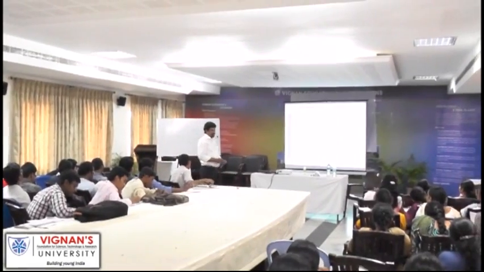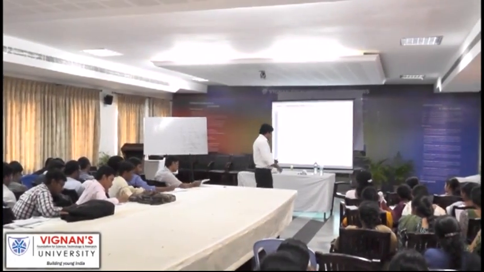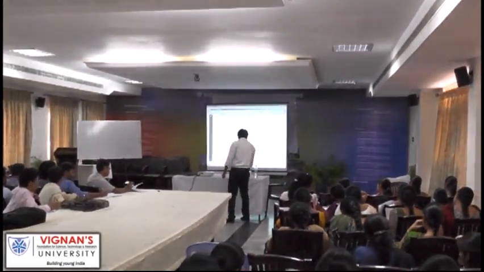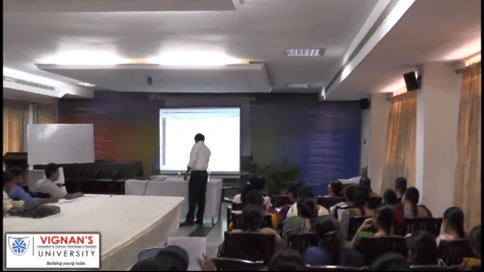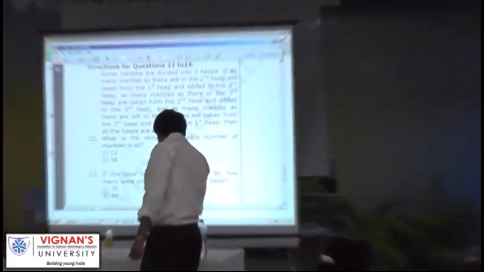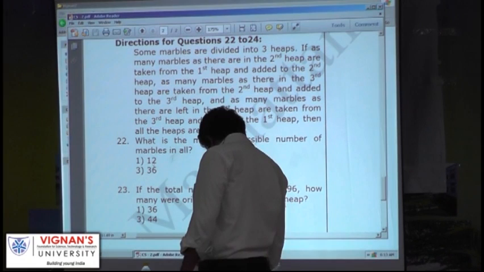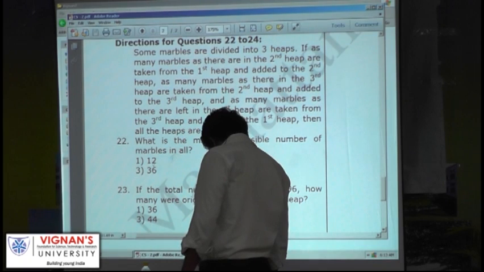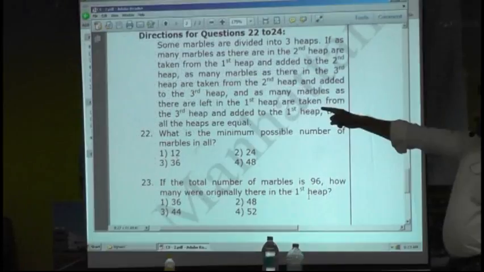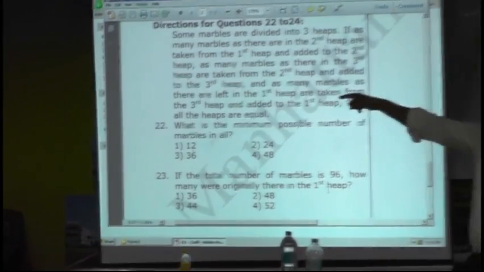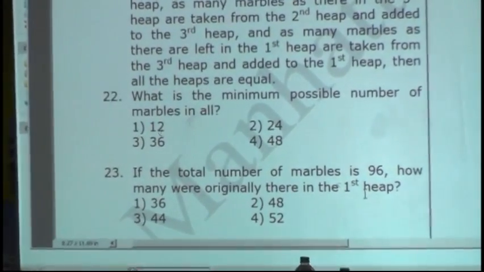Understood? Now answer those questions. Minimum ratio 11, 7, 6, 24.